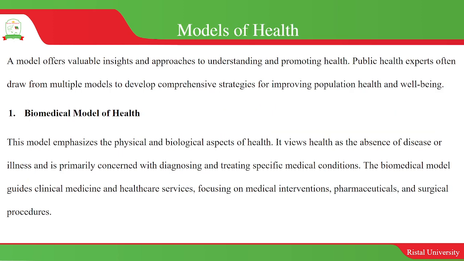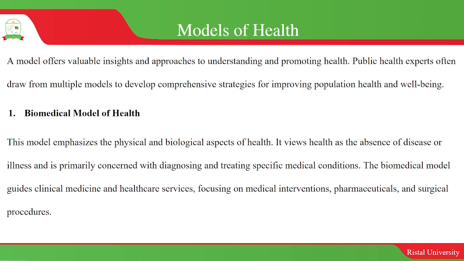So we use what you call models of health to understand what health really is. And when we understand what health really is, then we can design the appropriate interventions or strategies to improve population health. The first one is the biomedical model of health, which emphasizes that, you see, when you come to the hospital, we check you for malaria.